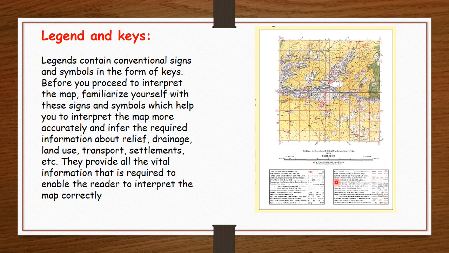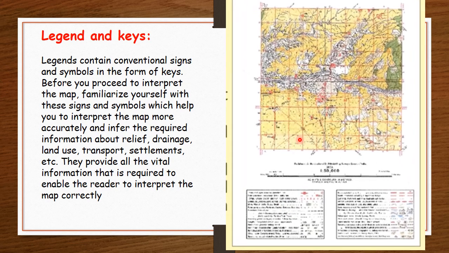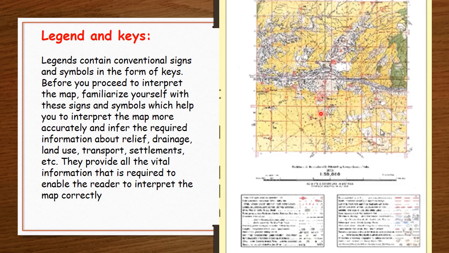It gives the required information about each and every relief feature, drainage patterns, land use, occupations, transport, kinds of settlements, etc. They also provide all the vital and important information which is required to enable the reader to interpret the map correctly. So here the key or the legend is always printed at the bottom of the topo sheet. Each and every conventional sign and symbol with its color has to be revised and practiced properly.